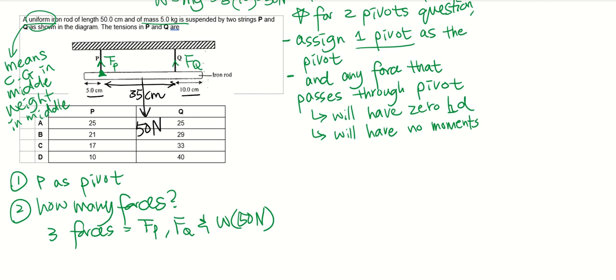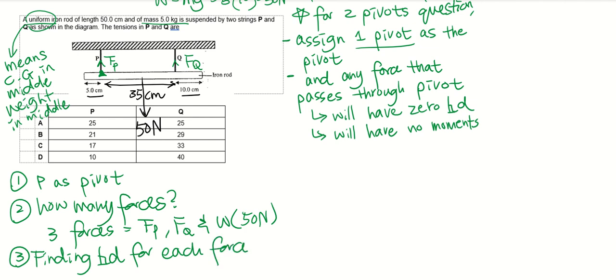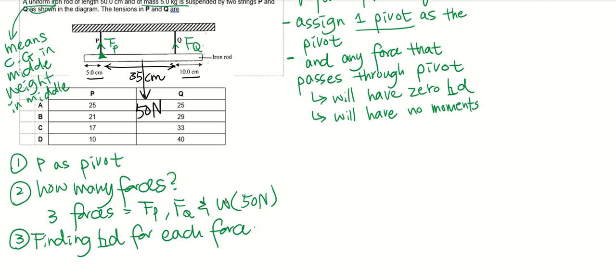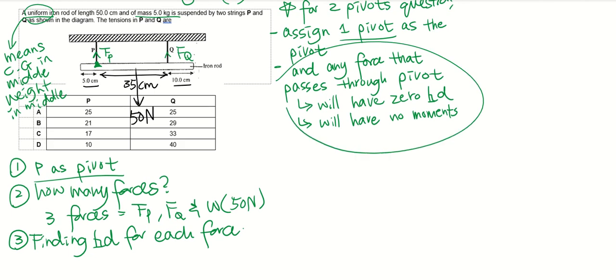Once we have identified the number of forces, step 3, if you remember, is finding the perpendicular distance for each force. Remember we took P as the pivot, and bearing in mind, any force that passes through the pivot will have zero perpendicular distance.